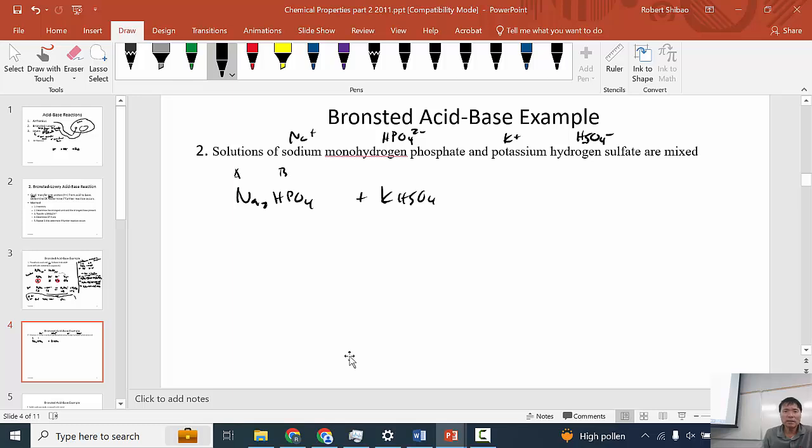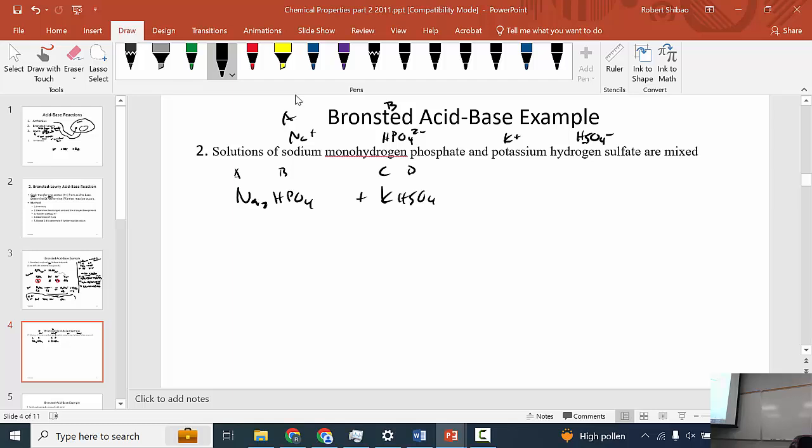A, B, C, D. A is going to be sodium ions. Actually, I already have it written up here. Let's just use this. This is my A. My B is, should I knock that hydrogen off B, or should I leave that hydrogen on it?